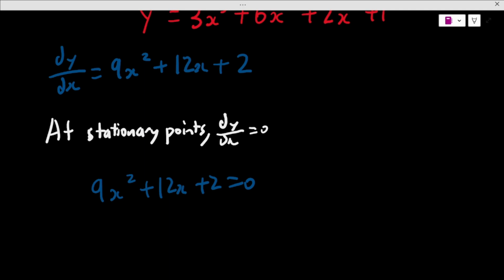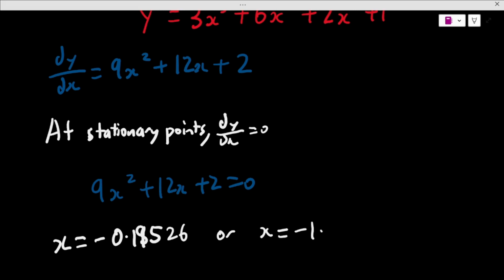We have these two values: x is equal to negative 0.19526 and also x is equal to negative 1.1381. Both of these to 5 significant figures.